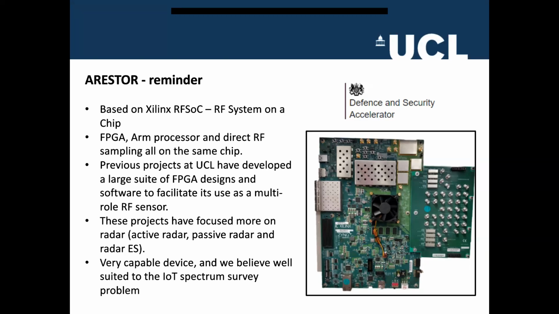As I said before, the hardware system that we were using was the Arista platform, which is this Xilinx RFSoC system that we've been developing over the past few years. The development work on this has been pushing towards having a multi-function RF sensor tool, and so within this project, we extended multifunction to include IoT spectrum survey, essentially.